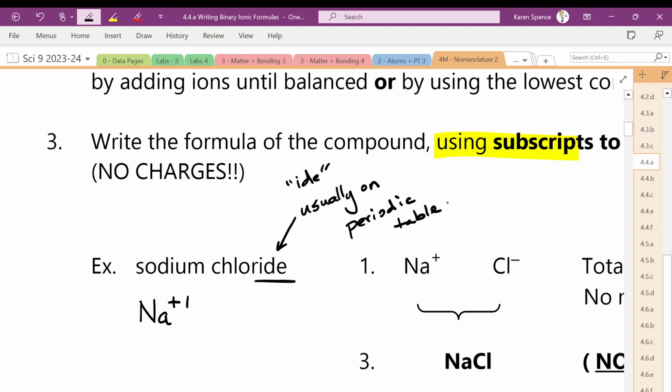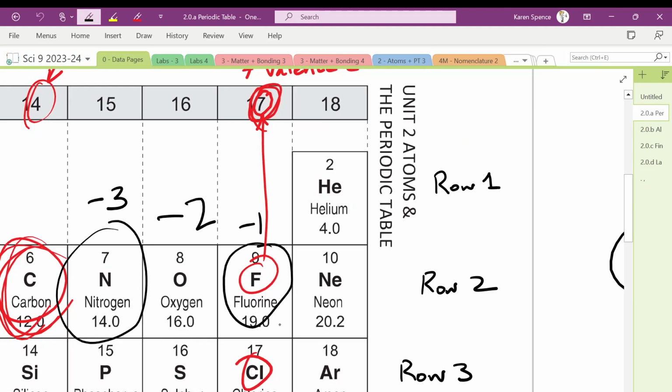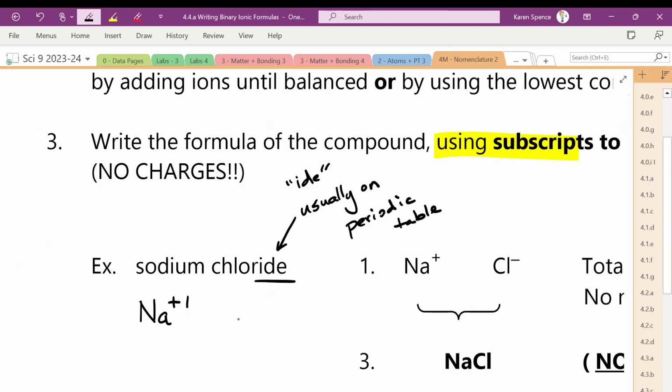So we're going to look up chloride. Who is chloride on the periodic table? That is chlorine. So if we go to our data booklet and we look up chlorine, it is in group 17. So its charge is -1. So we have Cl -1.